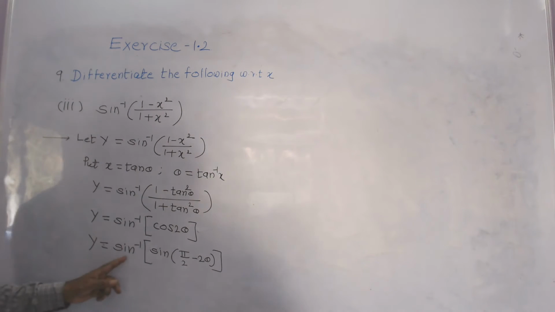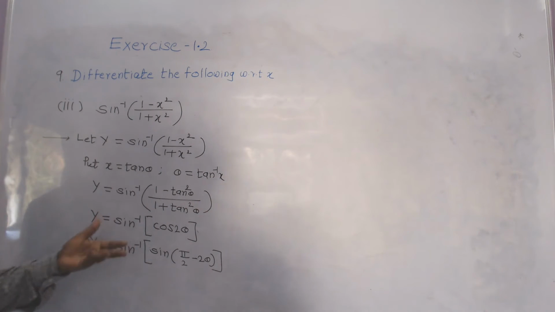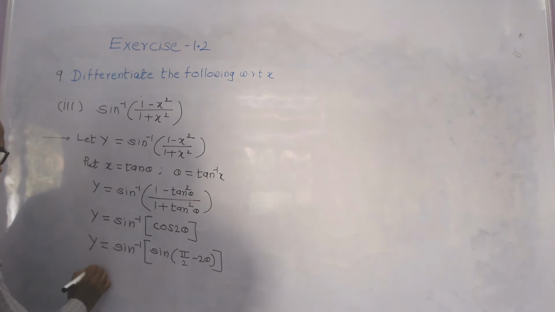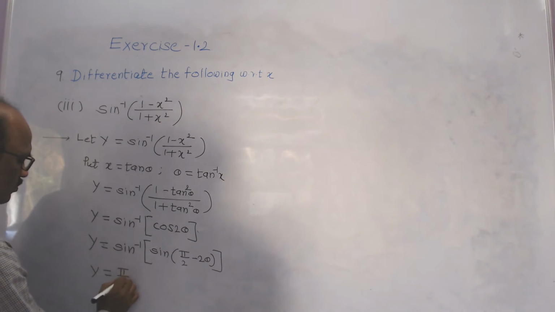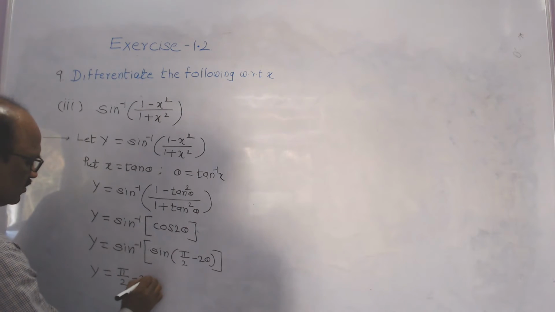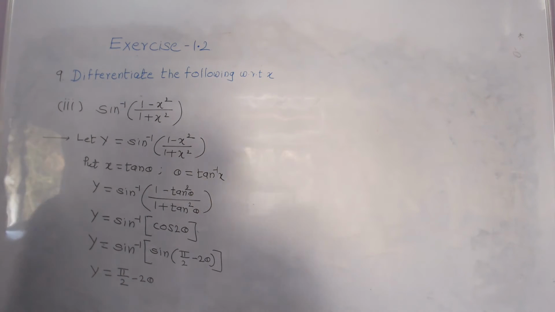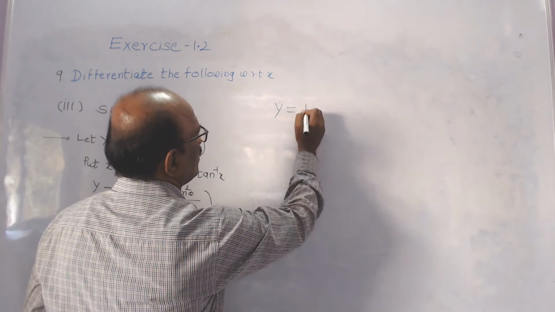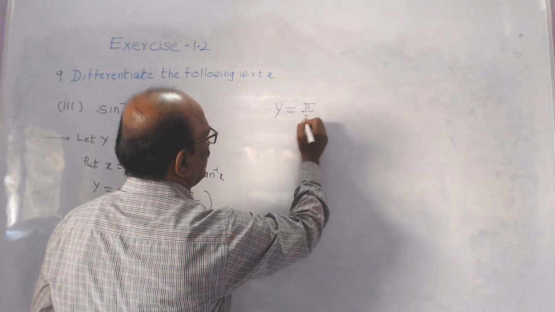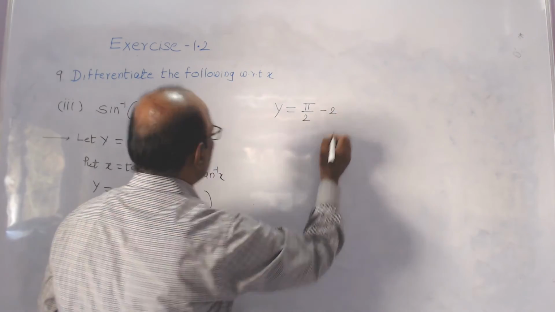Sine inverse of sine of theta means theta, that is pi by 2 minus 2 theta. So y equals pi by 2 minus 2 theta.